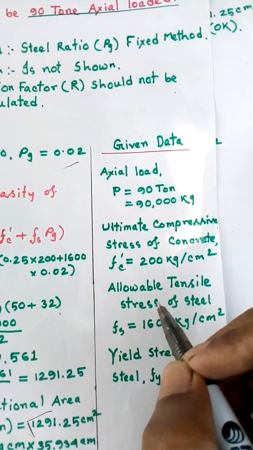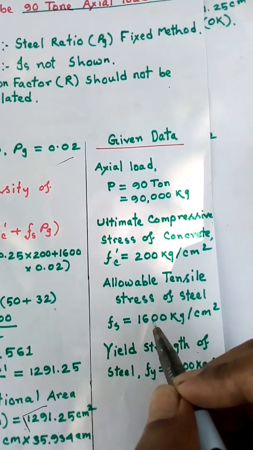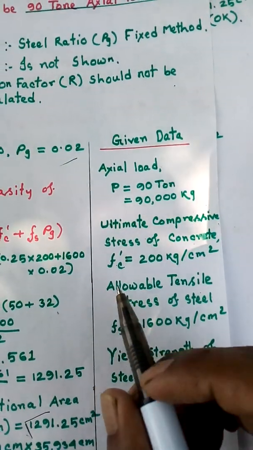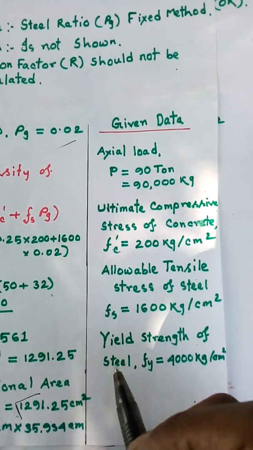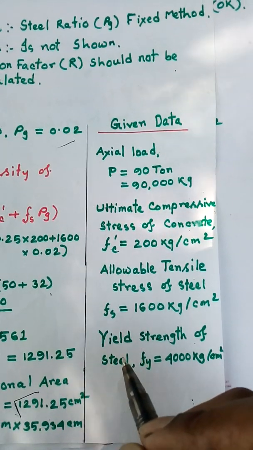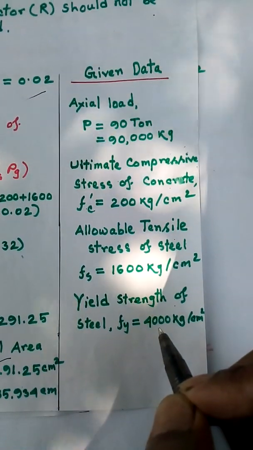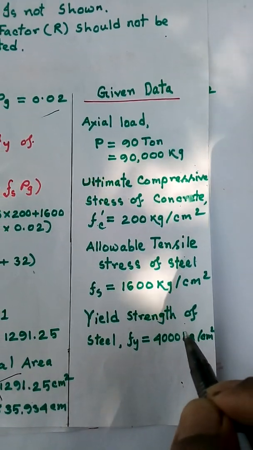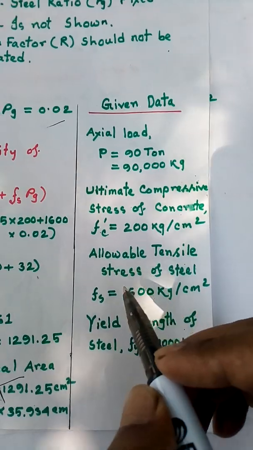Allowable tensile stress of steel Fs equal to 1600 kg per square centimeter. And the yield strength of steel Fy equal to 4000 kg per square centimeter.